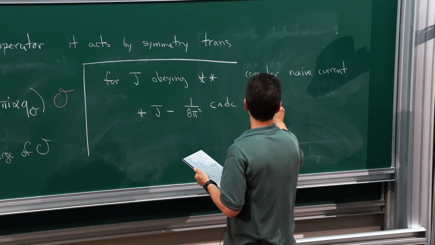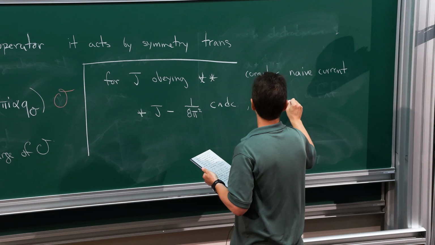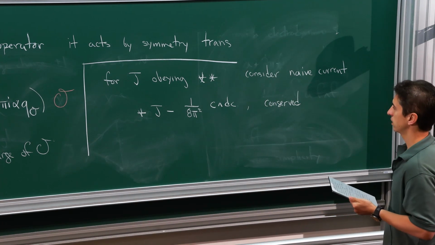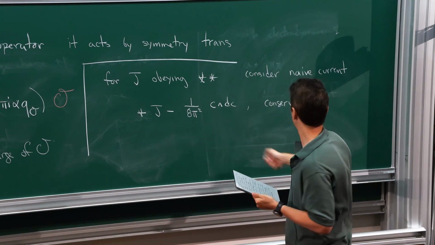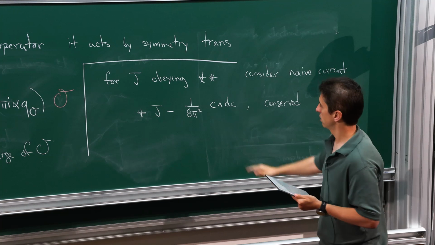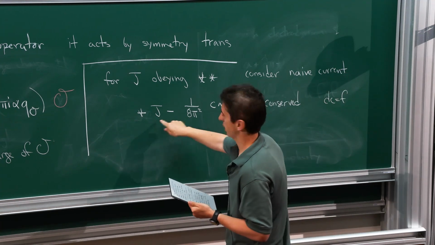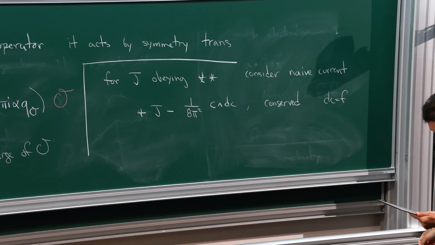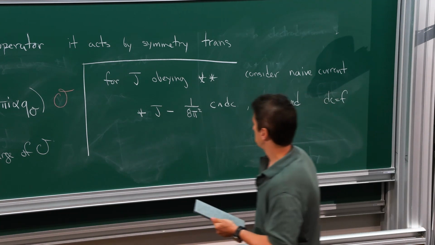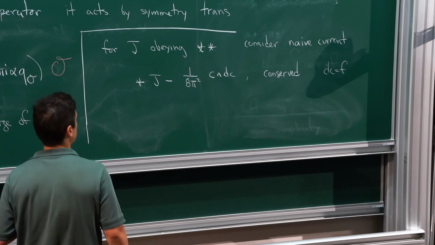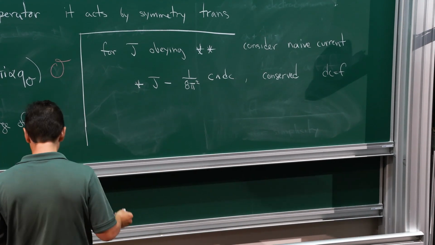This is conserved. Right? The derivative of this, remember that dc is f. So these two cancel each other when I take d. So you might say, well, don't tell me about anomalies. I'll just look at this.